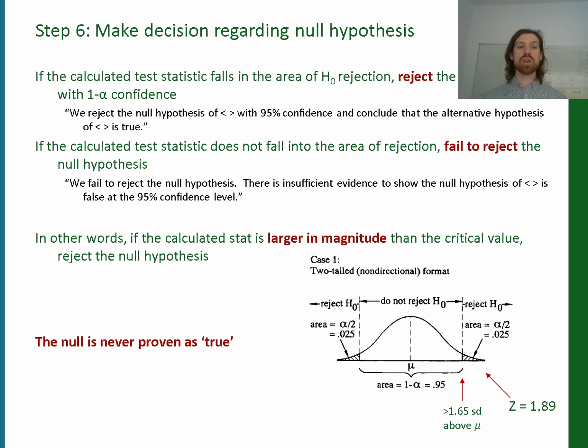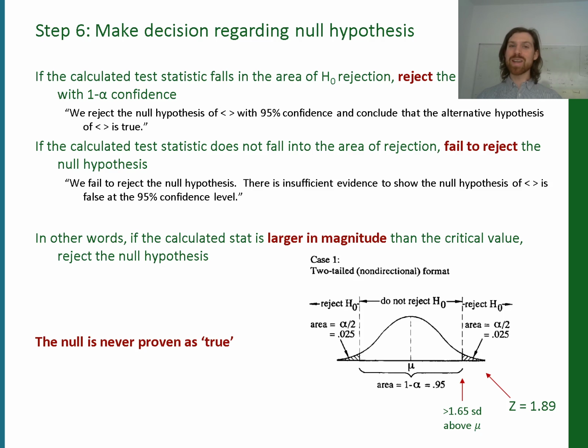So in this circumstance, we would say that we reject the null hypothesis of house prices being the same in Fairfax as they are in the rest of Virginia state. And we're doing that with 95% confidence and conclude that the alternative hypothesis, sorry, I got that wrong.